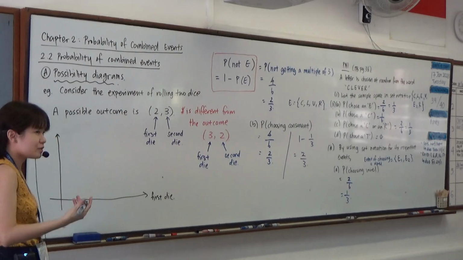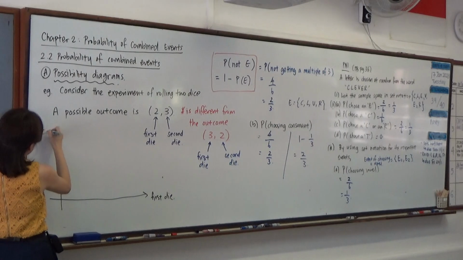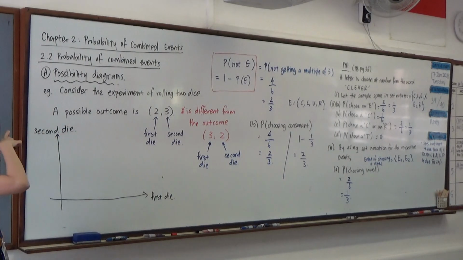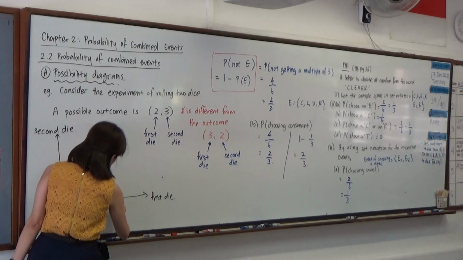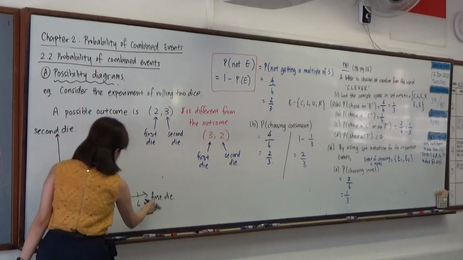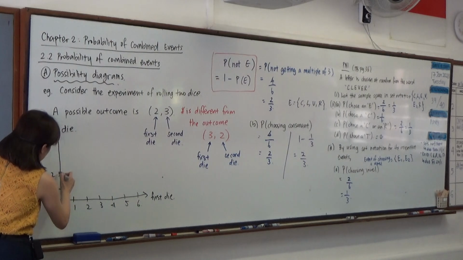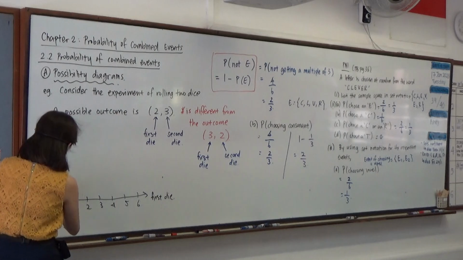If you don't know, good news that you're learning this at 16 and not later on. So, first die and second die. Each die we got 6 different outcomes, alright? So, we will label the 6 different numbers for the first die. Second die also.